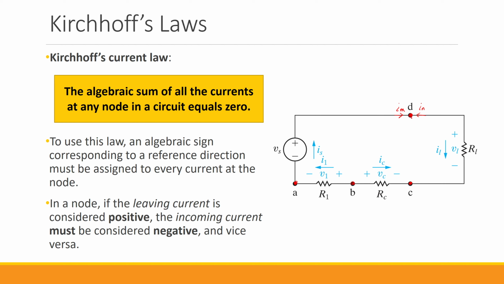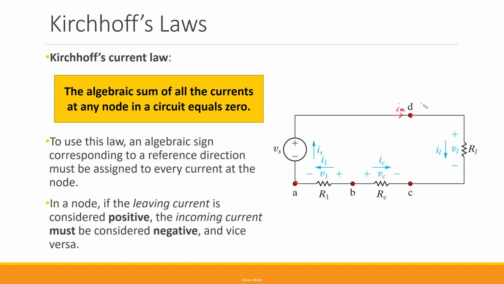In other words, the nodes do not provide any current to our circuit, nor are they drains that absorb any current. So any current that enters a node should also exit the node.